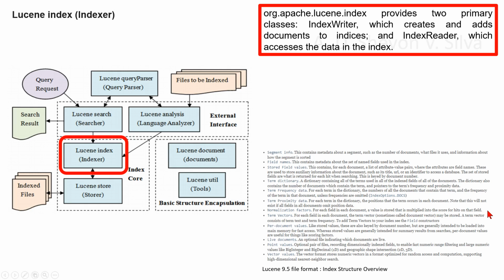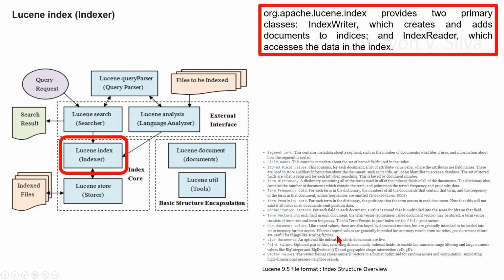Normalization factors: for each field in each document, a value is stored that is multiplied into the score for hits on that field. Term vectors: for each field in each document, the term vector, sometimes called the document vector, may be stored. The term vector consists of term text and term frequency. To add term vectors to your index, see the field constructors.